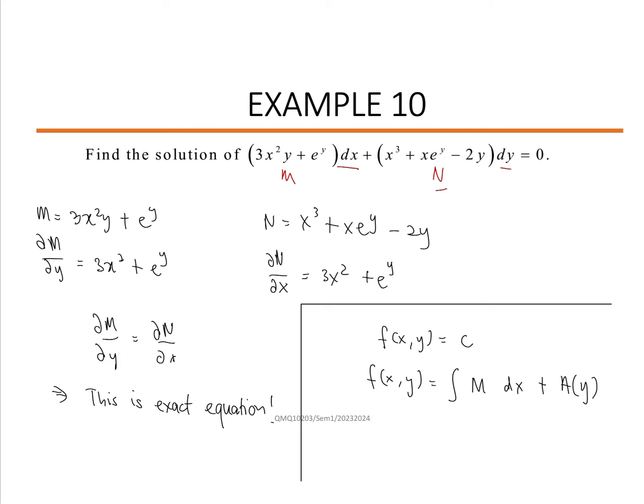So M is the integral of 3x squared y plus e to the y with respect to x, plus A(y). When we integrate with respect to x, we get 3x cubed y over 3 plus x e to the y.